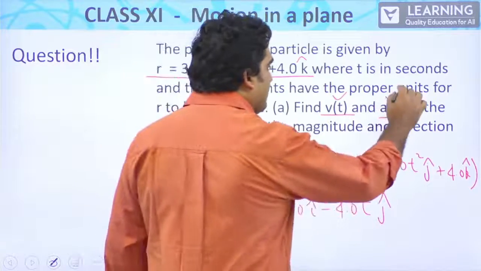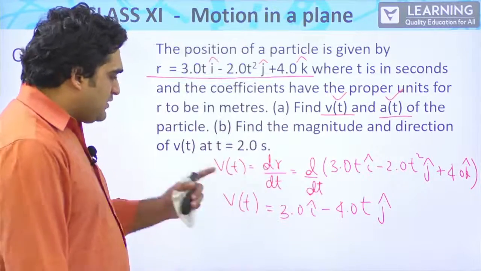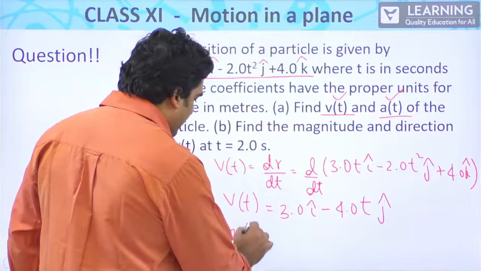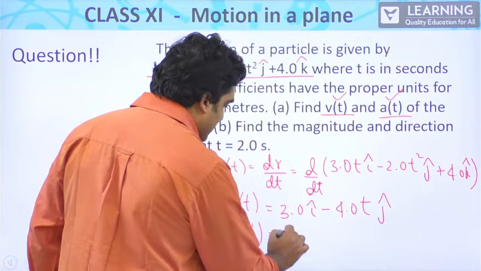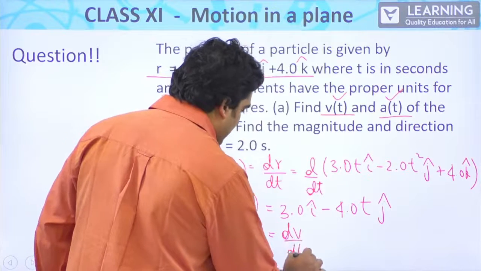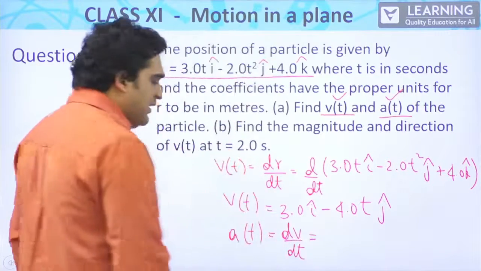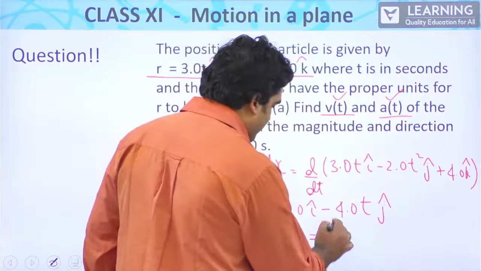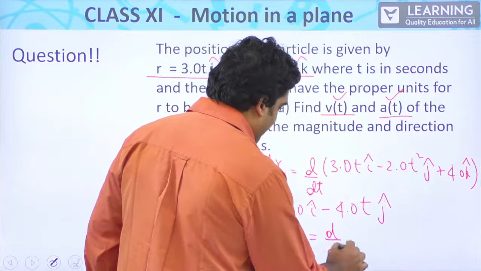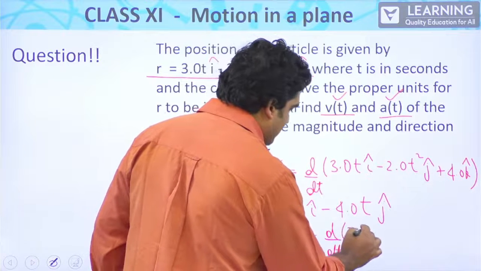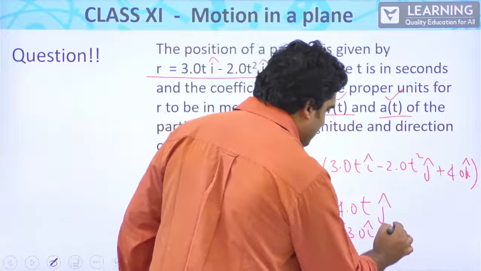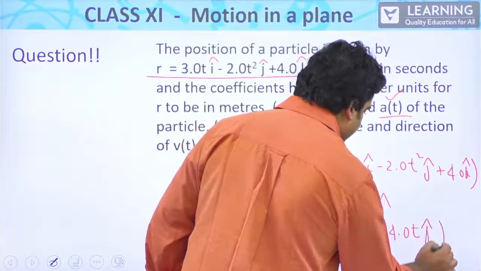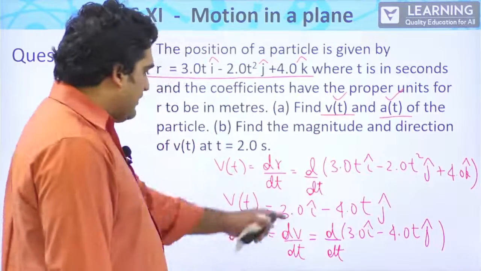We also need to find the acceleration. Acceleration is the rate of change of velocity, which is dv by dt. Do we know what v is? Yes, we do. So we substitute 3.0 i cap minus 4.0 t j cap. Now we differentiate it.